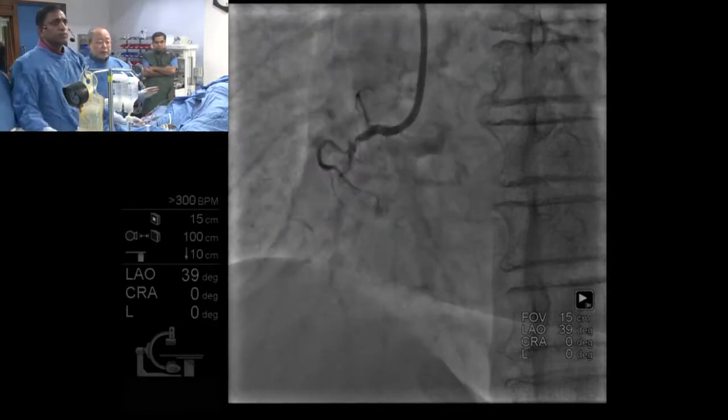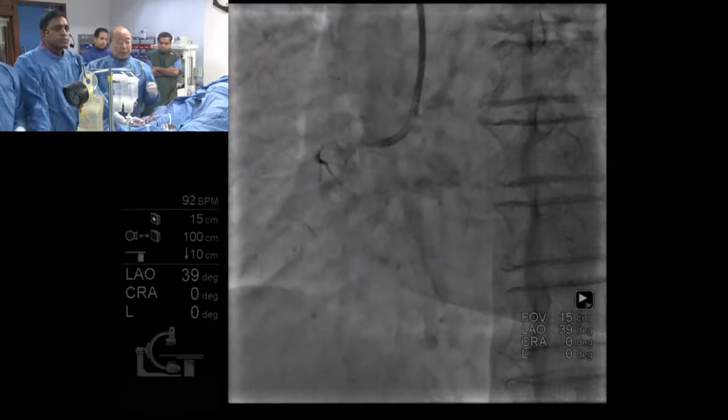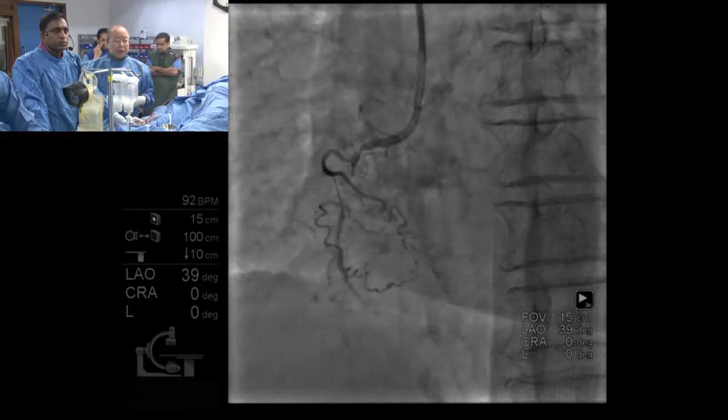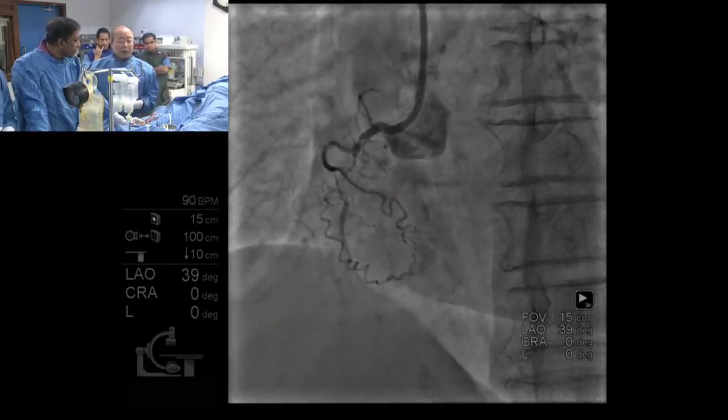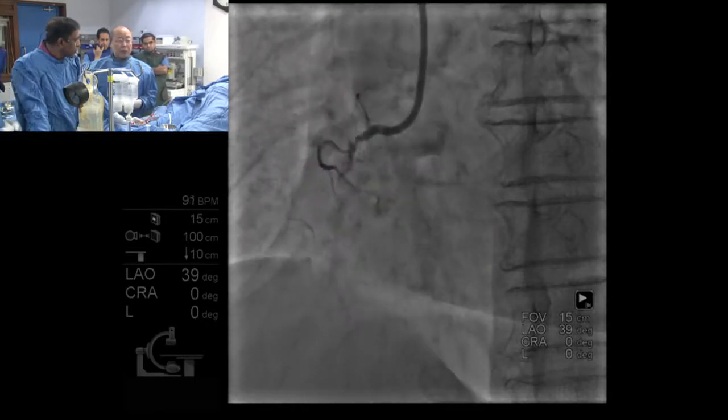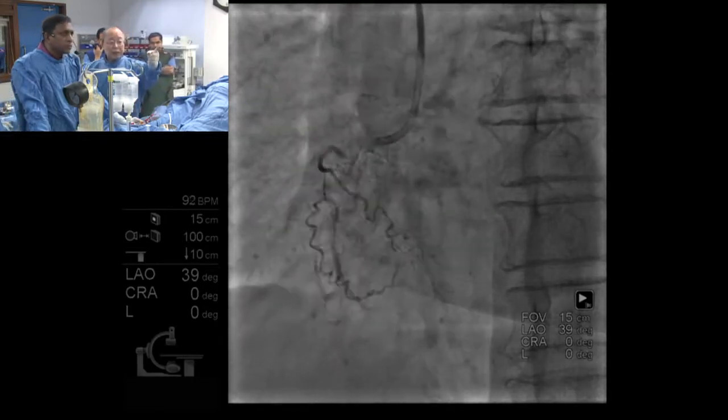So still the guiding catheter seating is not perfect. So I want to place the anchoring balloon to the first branch.